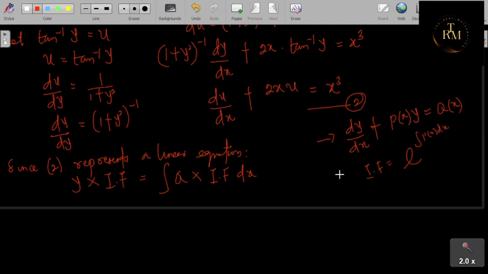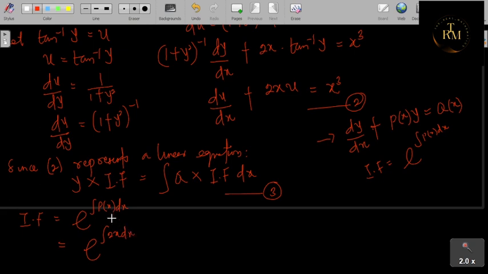So first of all, what I want to do is to get the integrating factor. I'll call this equation 3. The integrating factor is going to be, like I said, the exponential of the integral of p(x) dx. In this case, my p(x) is going to be 2x. So my integrating factor will be the exponential of the integral of 2x dx.